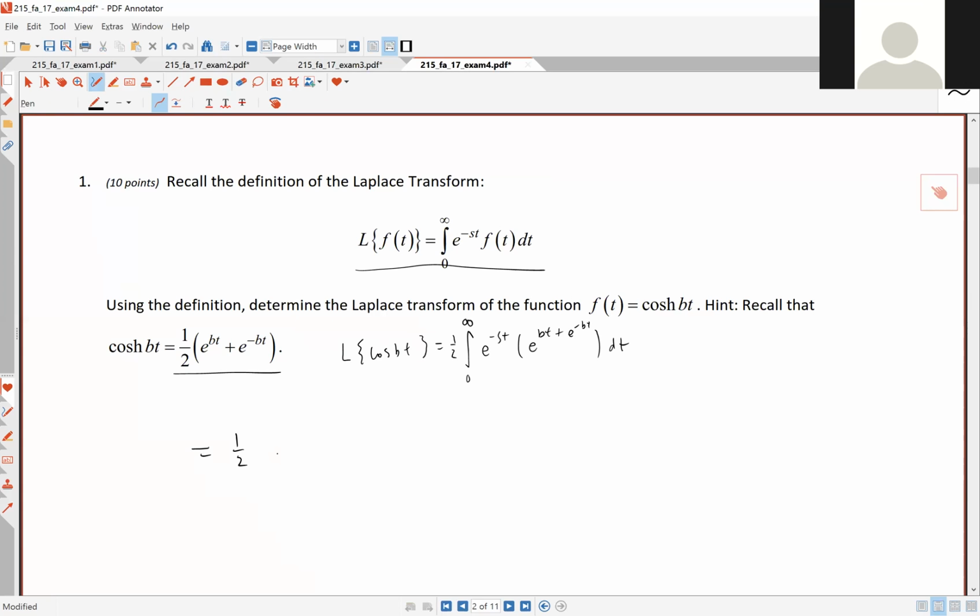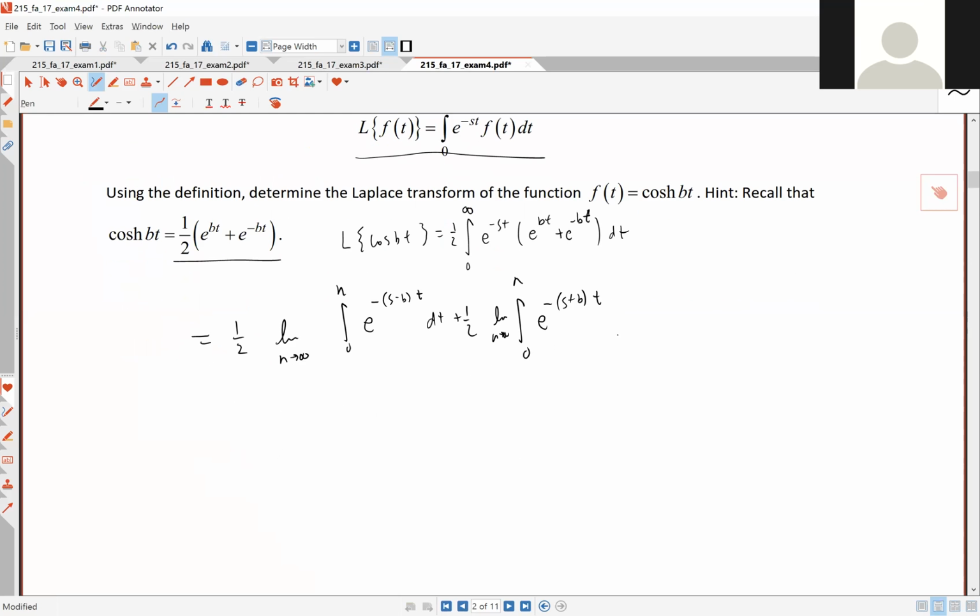So that integral is 1/2 times the limit as n approaches infinity of the integral from 0 to n of e to the negative s minus b t dt, plus the integral from 0 to n of e to the negative s plus b t dt.